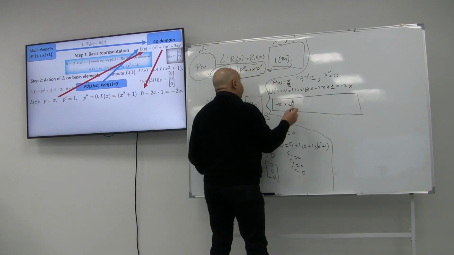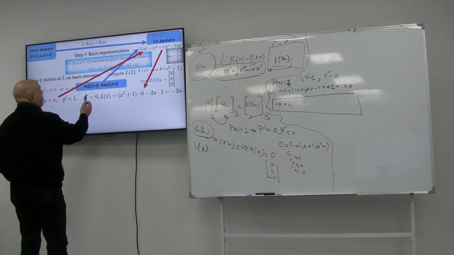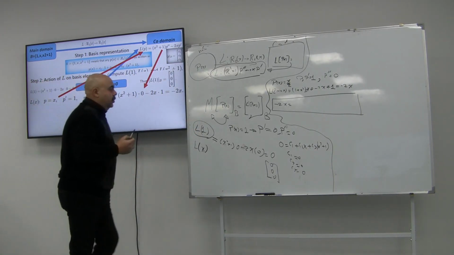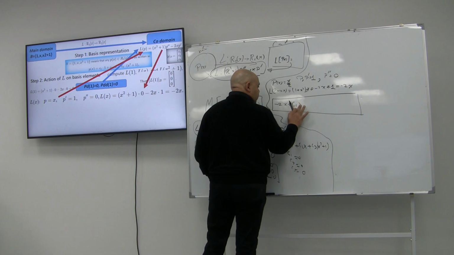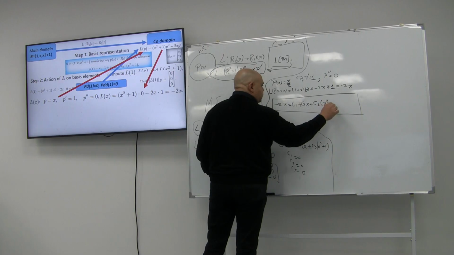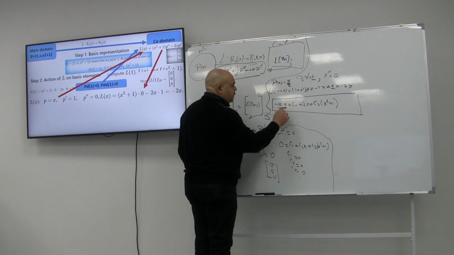Okay, to get negative 2x relative to the basis beta, or B, which is given to us here, negative 2x is supposed to equal c1, I'm sorry, just c1, then plus c2 of x, then plus c3 times x squared plus 1. As you can see, I'm talking about negative 2x only.